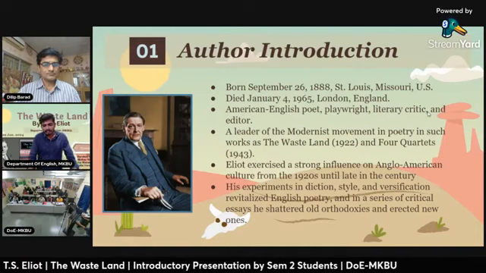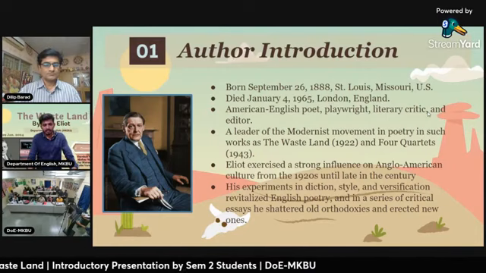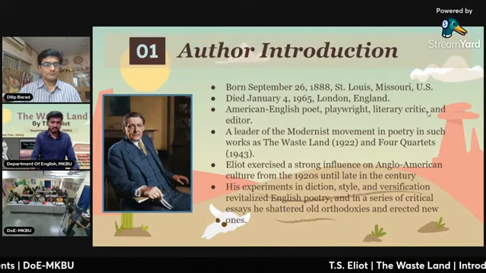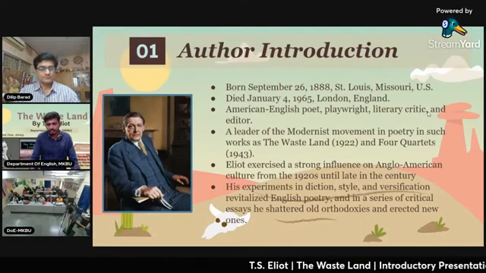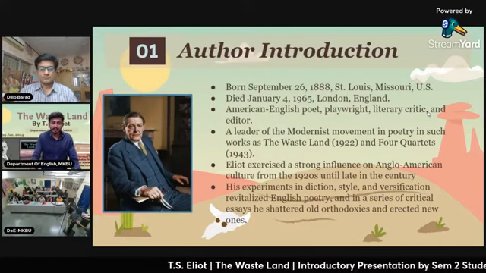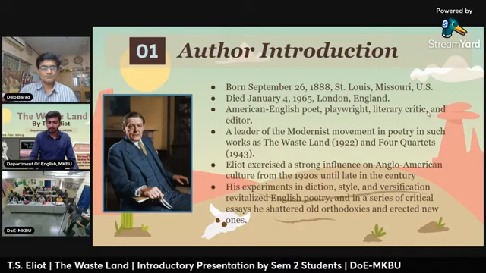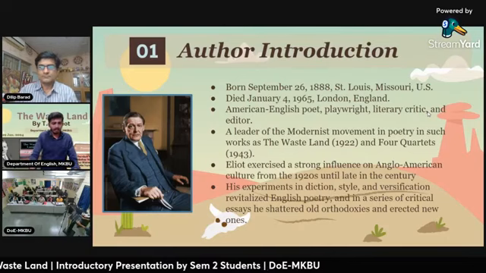Eliot exercised a strong influence on Anglo-American culture from the 1920s until late in the century. His experiments in diction, style, and versification revitalized English poetry, and in a series of critical essays, he shattered old orthodoxies and erected new ones.